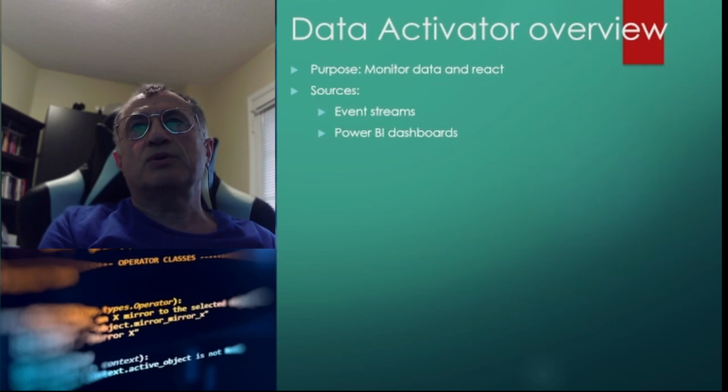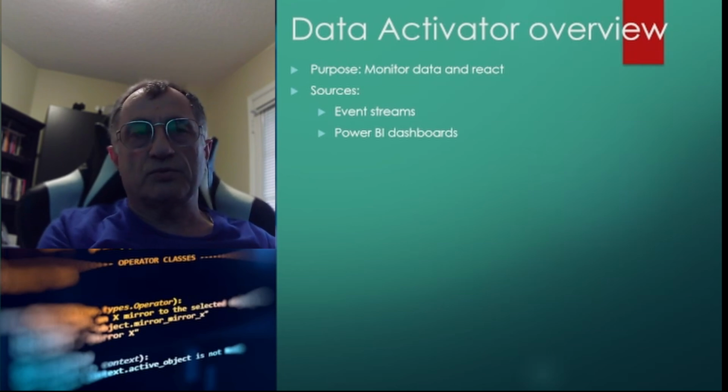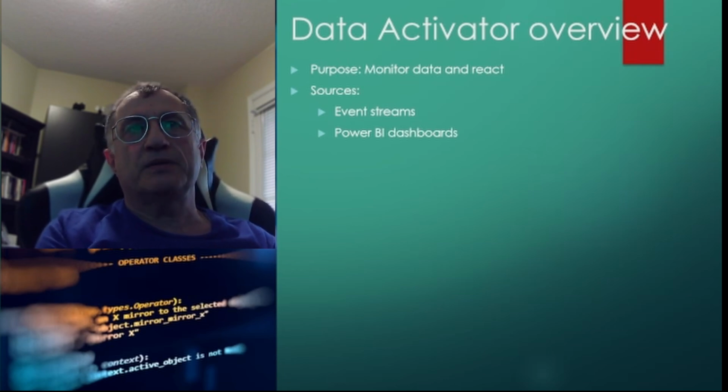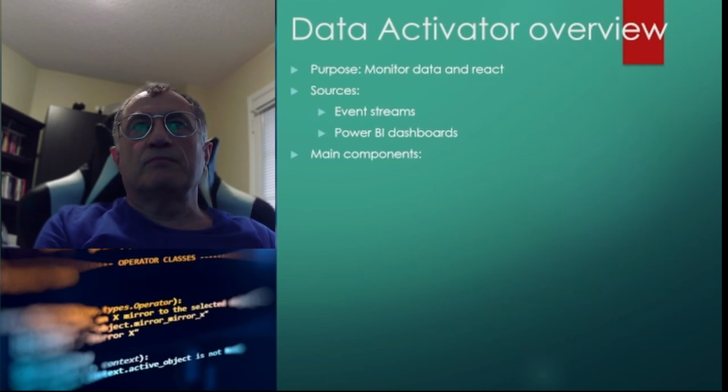You can also monitor Power BI dashboards. Monitoring and being able to react to your constantly changing data environment is critical, especially if you are handling real-time systems. There are a few main components of Data Activator.